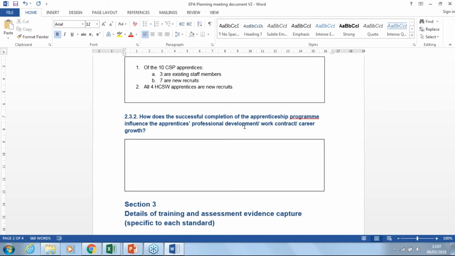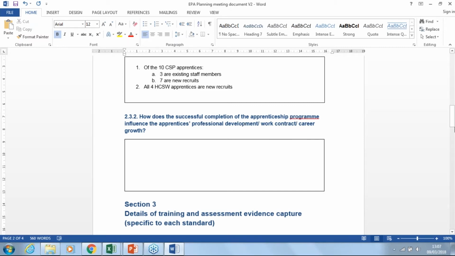Because sometimes we have seen that, for example, a standard which has a minimum duration of 12 months is getting completed earlier. So you just want to make sure that the training is being delivered for the set number of time. And as an endpoint assessment organization, we are responsible for doing that checklist to ensure that the minimum duration of the apprenticeship training is actually being adhered to.